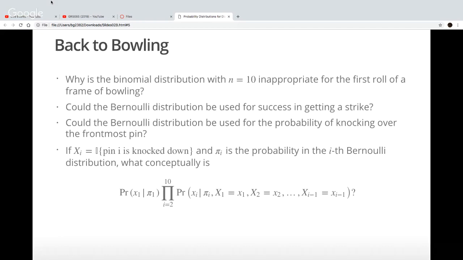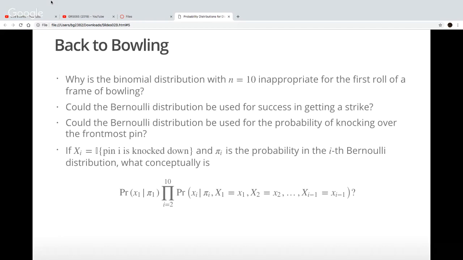A 4-variate probability distribution. And if we keep doing that all the way through 10, so the 10th, given that the 9th, 8th, 7th were or were not knocked down, then we would have a joint distribution for what happens to all 10 pins on the first roll of a frame of bowling.